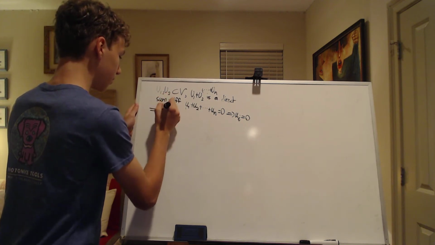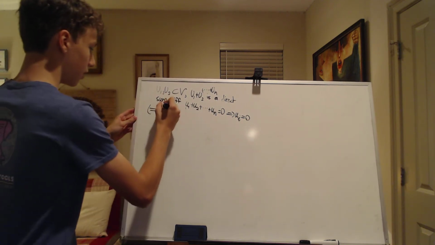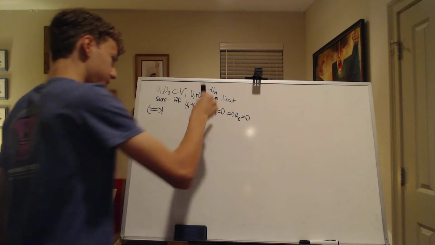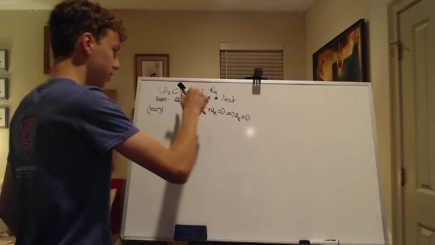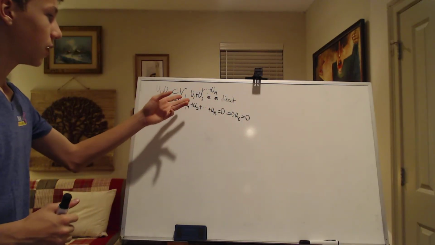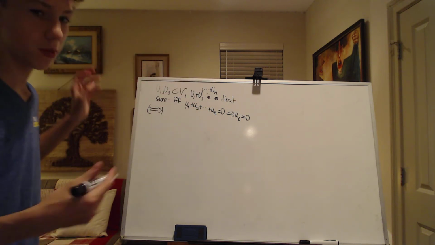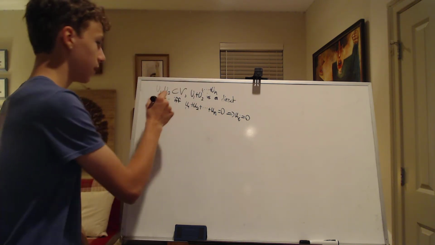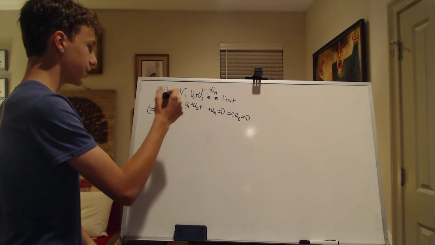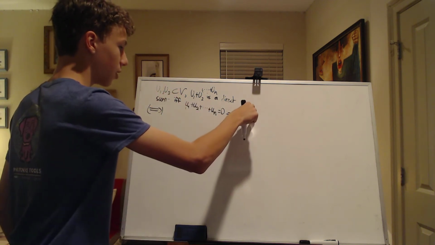First direction, this is quite simple. If it's a direct sum, 0, which is surely an element of this sum, because, well, we showed it's a subspace, can be written uniquely, since it's a direct sum.